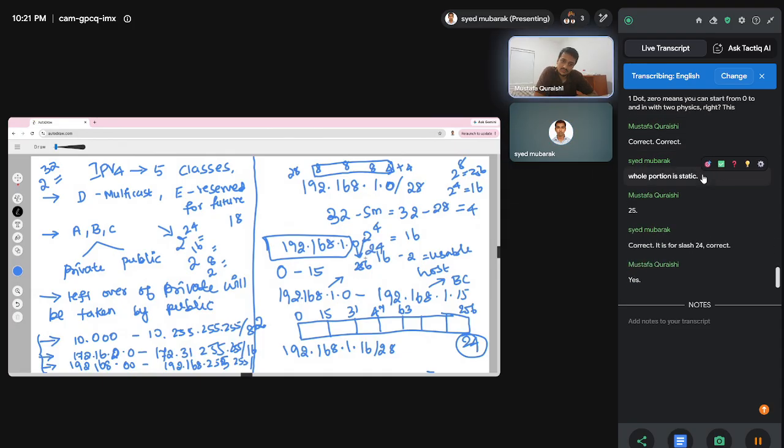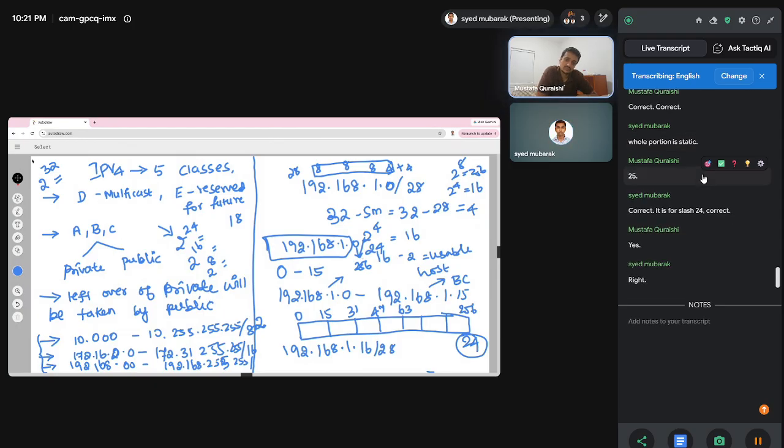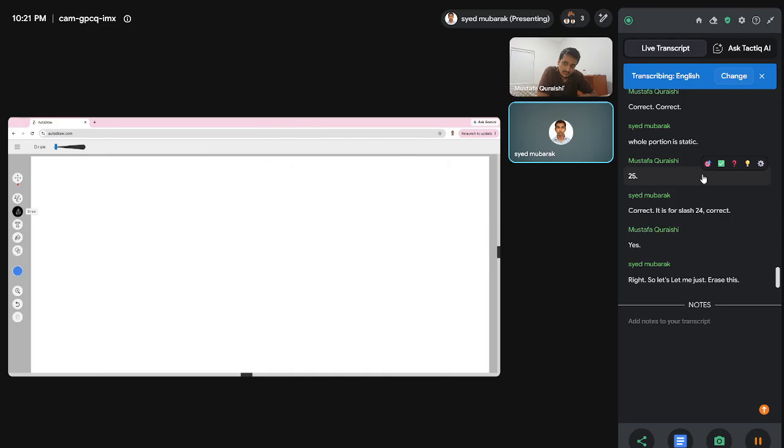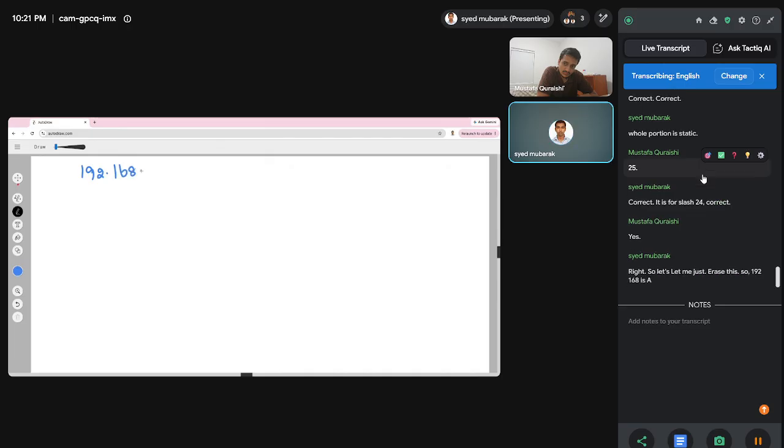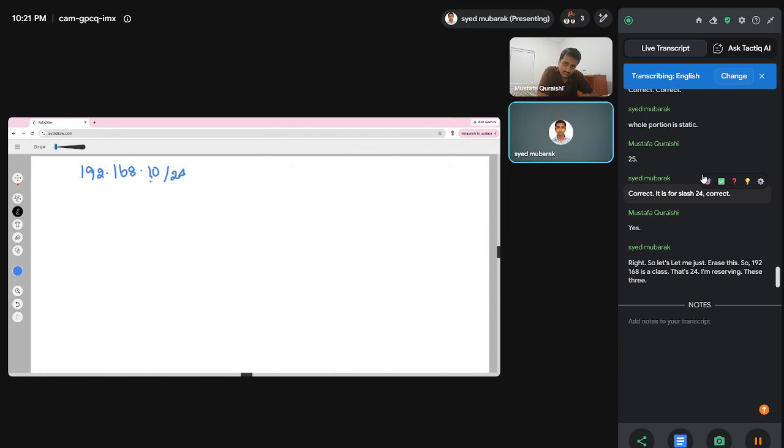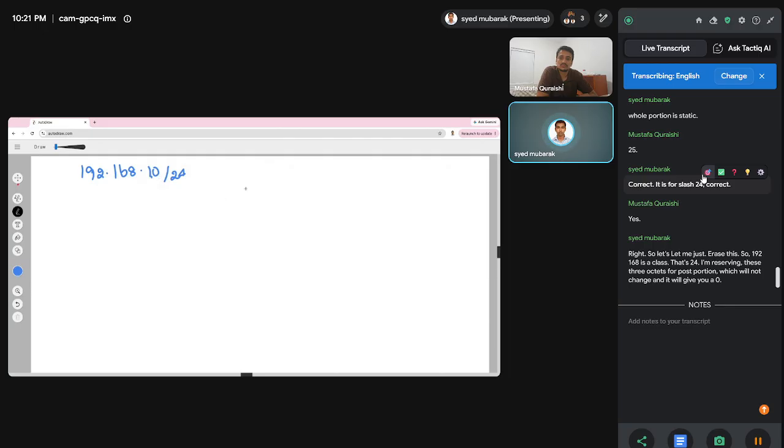Yes. So let me erase this. 192.168 is a class C, slash 24. I'm reserving these three octets for the network portion, which will not change, and it gives you a range 0 to 256, right?